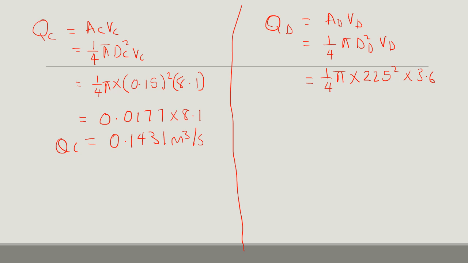I'm sorry, that's 0.225. Remember, we're converting to meters. Don't ever forget to work with the correct units, and that will give us QD, discharge at D, equal to 0.143 meter cubed per second. And you can see that these both are almost the same, but that's not the point.